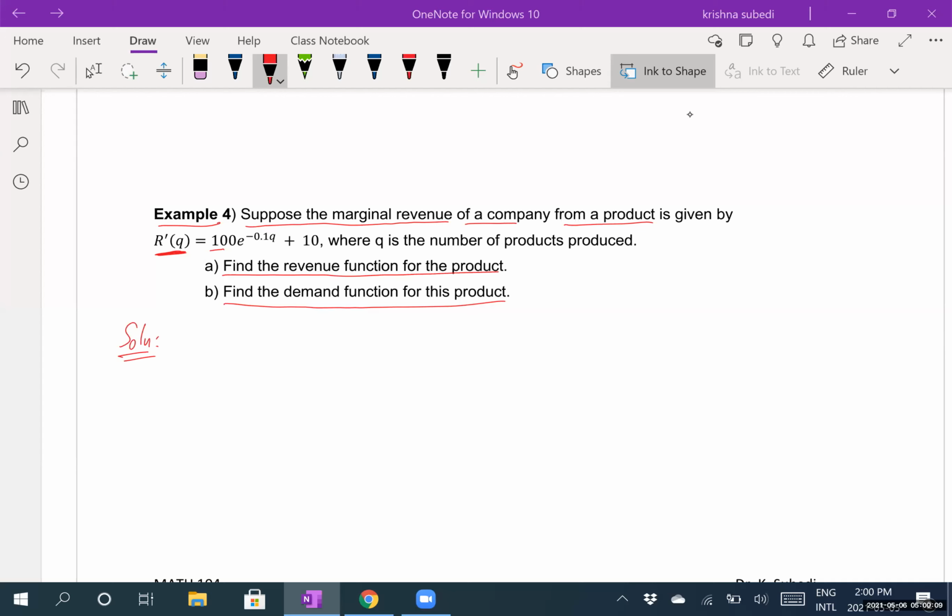So to find the revenue function, we know that revenue function r of q equals antiderivative of the derivative function r prime of q dq, which is given by integration of 100 e raised to power negative 0.1 q plus 10 dq.